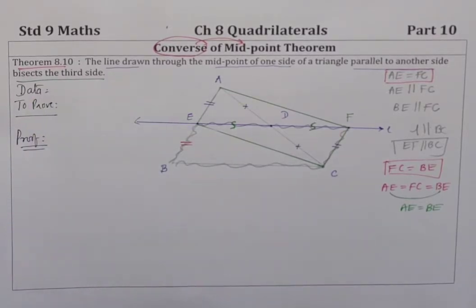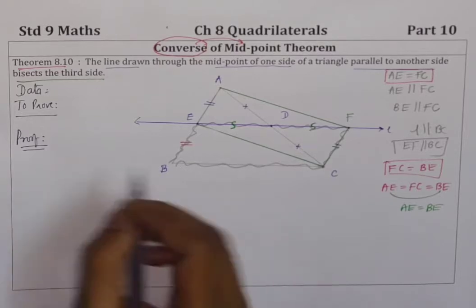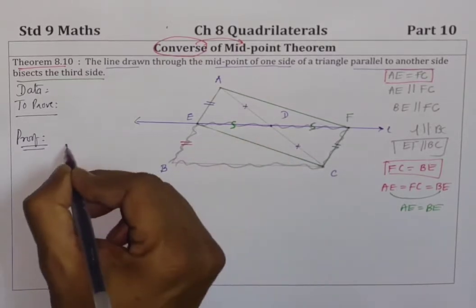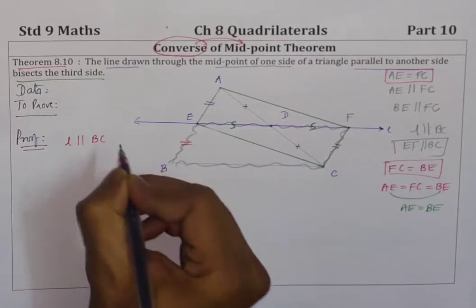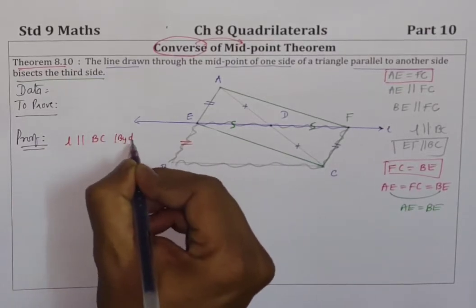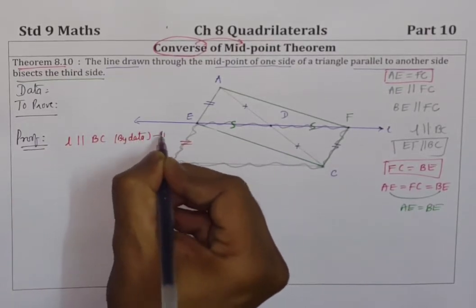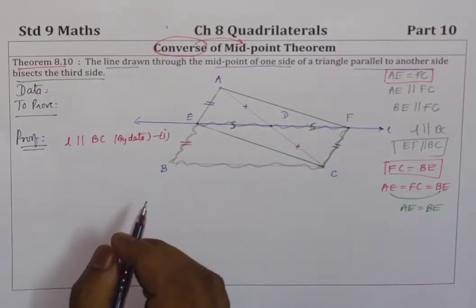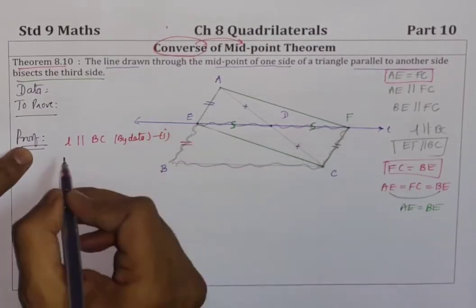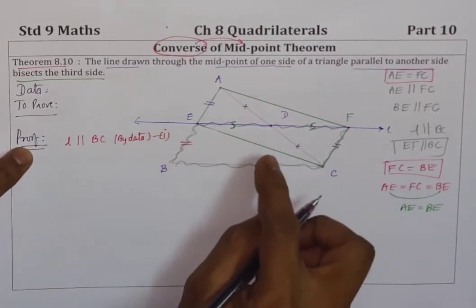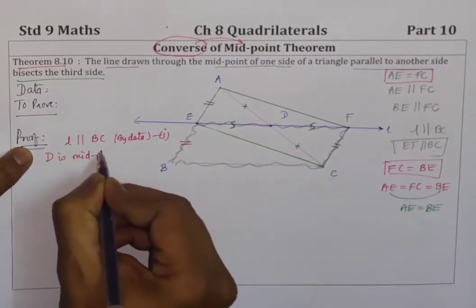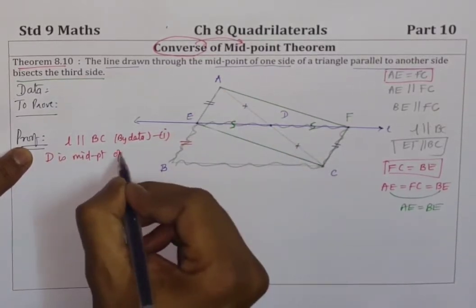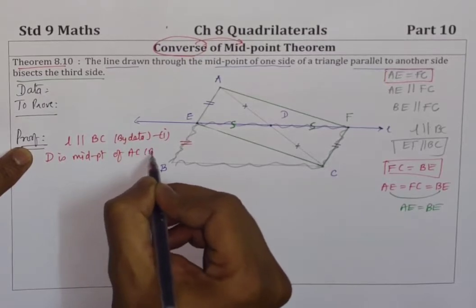Alright, children? I'm not writing in detail, but I'll write briefly. Okay, let's write it in detail. L is parallel to BC by data. You may call it 1. What else is given? D is the midpoint of AC by data.